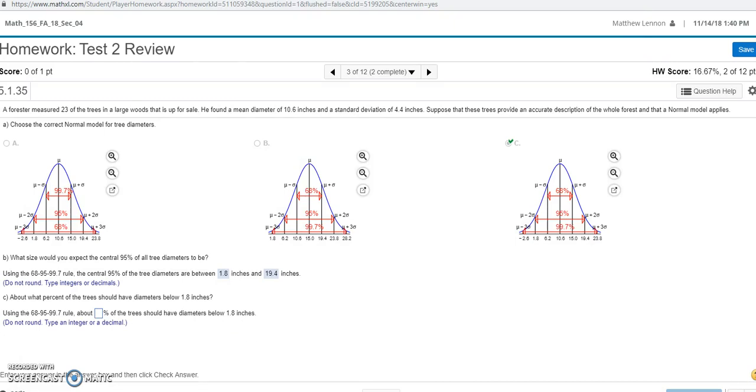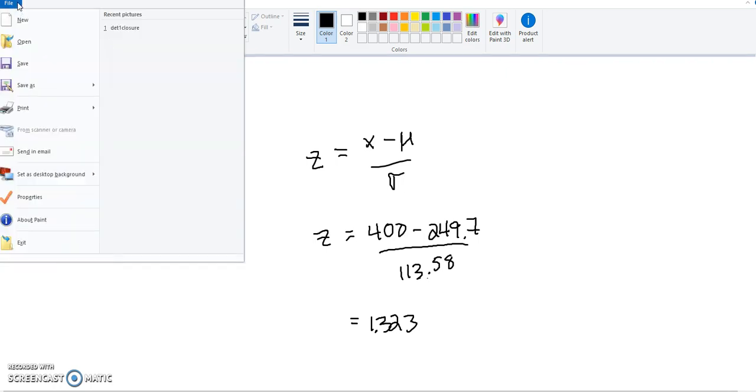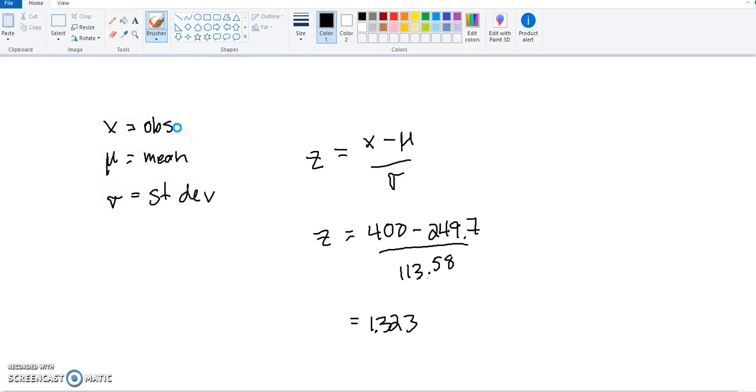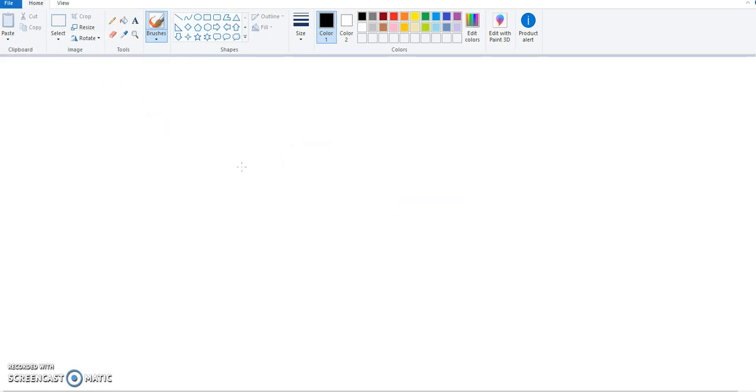And again, the thing that might help you figure this out is you want to remember all the different portions.